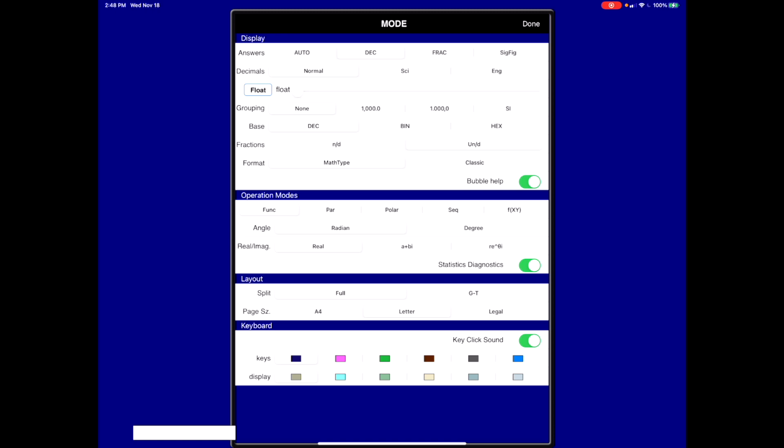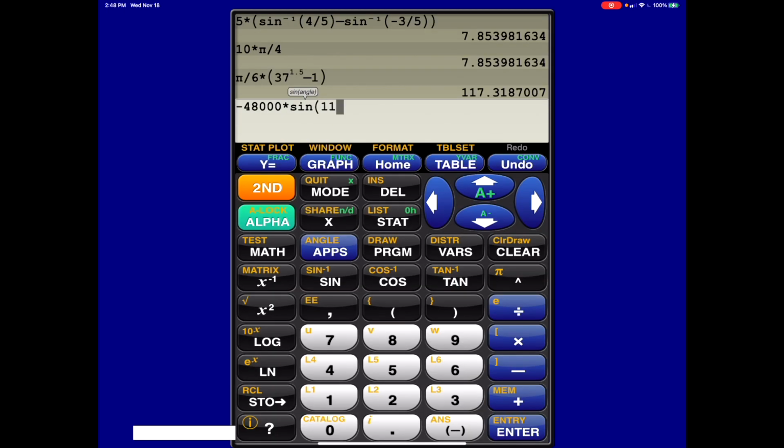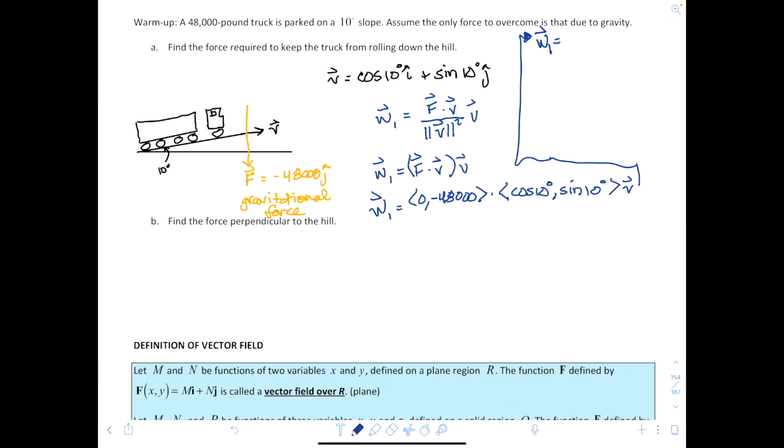I'm in radians, so we'll switch to degrees. That's negative 8,335.1, and that's going to be times V, which was cosine 10 degrees, sine 10 degrees.